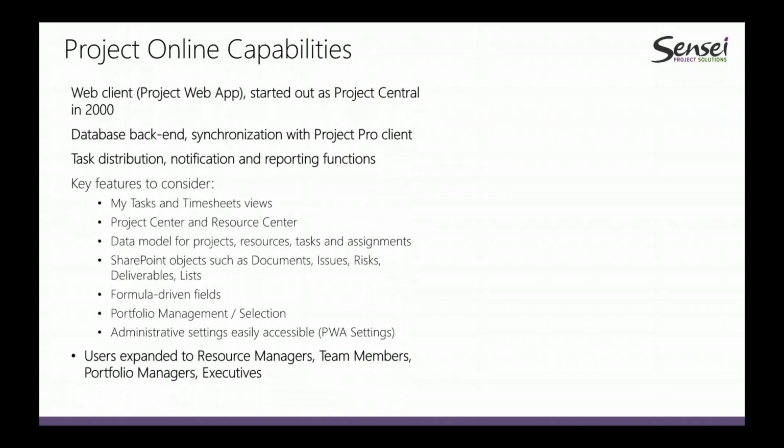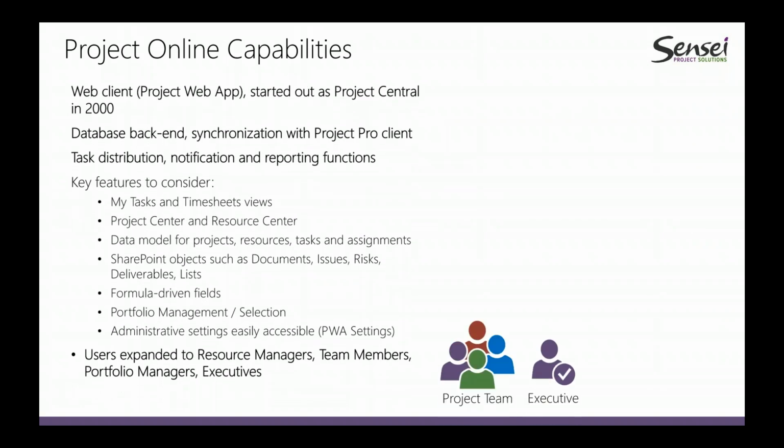But then when we start talking about Project Online, we get this whole other list of functionality, this whole other set of capabilities. PWA, the Project Web App, started out as Project Central many, many years ago.